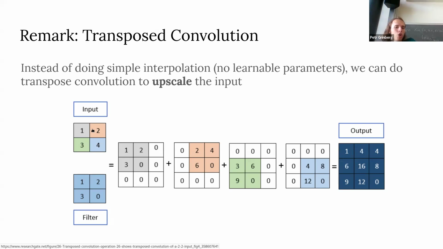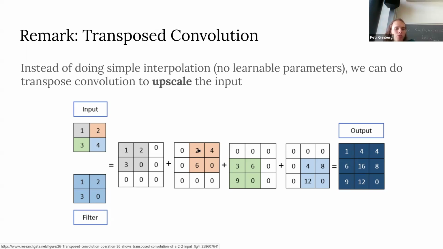How it works, you have your input and you have your filter. Then your filter is multiplied by the first element in your input. And you will get something like this. So 1 by 1 is 1, 1 by 2 is 2, 1 by 3 is 3, 1 by 0 is 0. Then you will get another element, which is this filter multiplied by the second element.